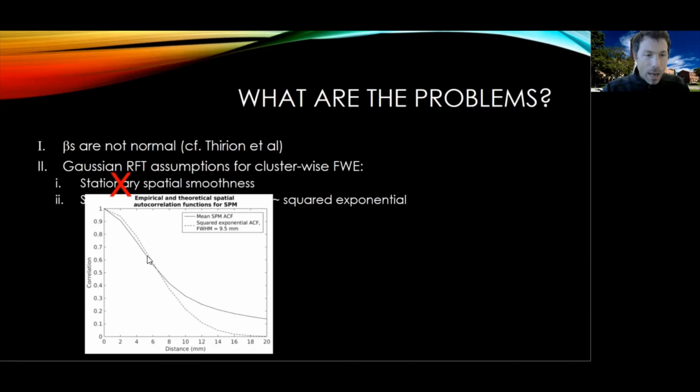That's why the dashed line falls off, and by the time you're at 14 or more millimeters, you should expect very little correlation. Turns out, however, if you look at the actual empirical autocorrelation function over space, you get much larger correlation. Even far away voxels tend to have much larger correlations than you'd expect. And so we're violating this second assumption.